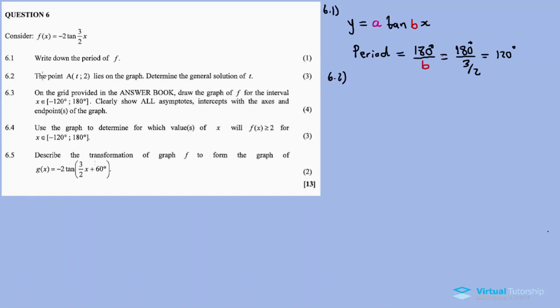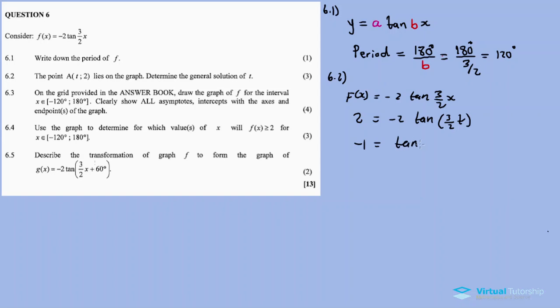Okay, now here again we set up the equation. This is f of x, f of x equals minus 2 tan 3 over 2x. Then where there's f of x we write minus 2 tan 3 over 2t. Therefore we must calculate the general solution of t. So negative 2 divided by 2, we get minus 1.